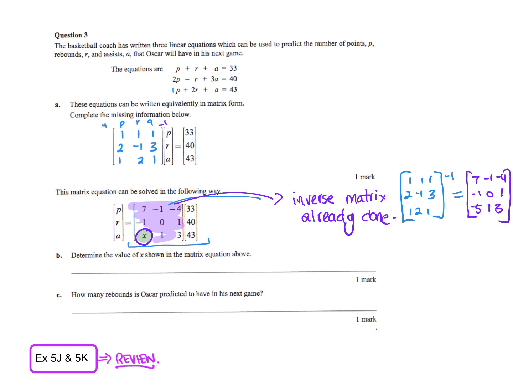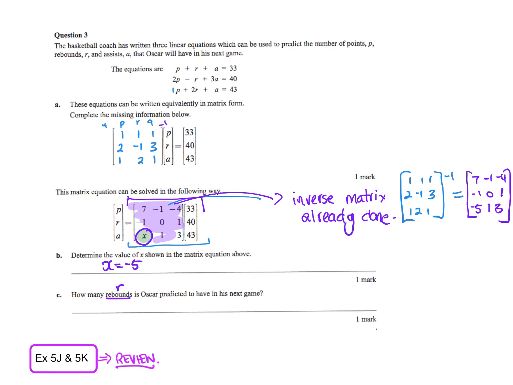So what does X equal? X equals -5. When they ask how many rebounds, that's what R is. So really you just have to solve it and then tell me what the middle number is. We've already got the inverse, so we're going to do this. You actually just type in this equation.